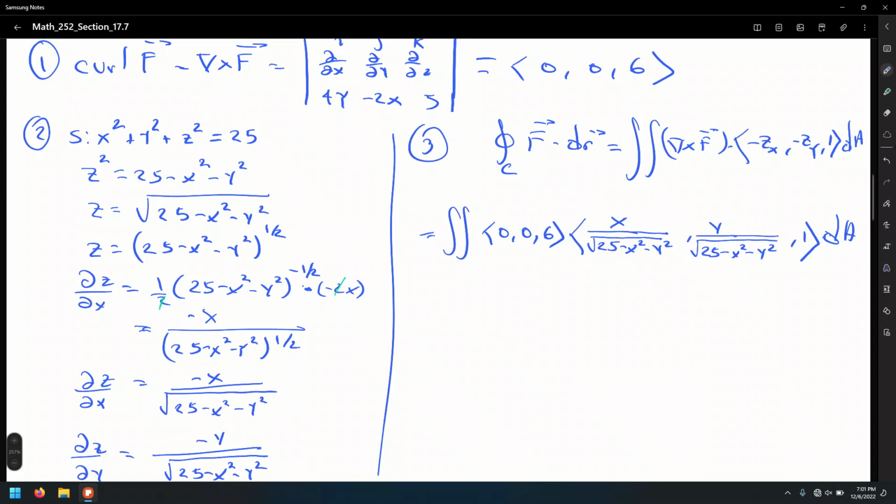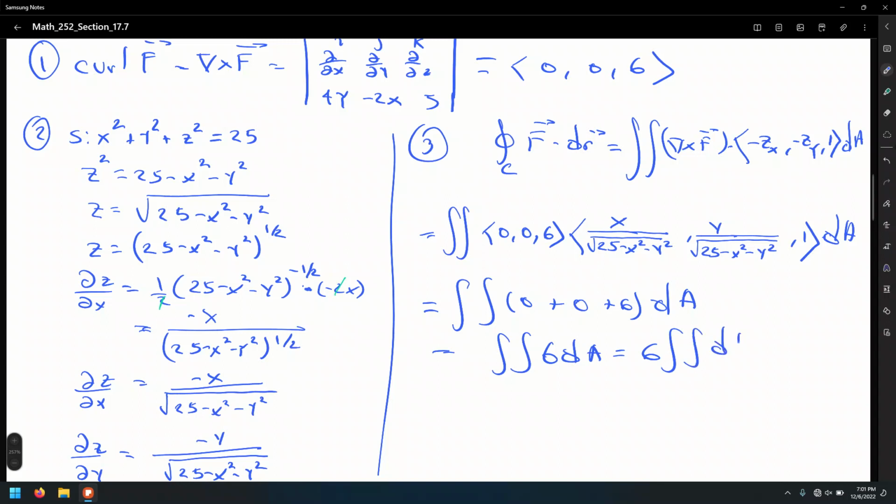The x component of the first vector times the first component of the second vector, and then the second component of the first vector times the second component of the second vector, etc. But check what's going to happen. 0 times this madness is going to be 0, plus 0 times this other madness, it's also 0, and 6 times 1, 6 dA, which is going to be the double integral of 6 dA, which is 6 times the double integral of dA.